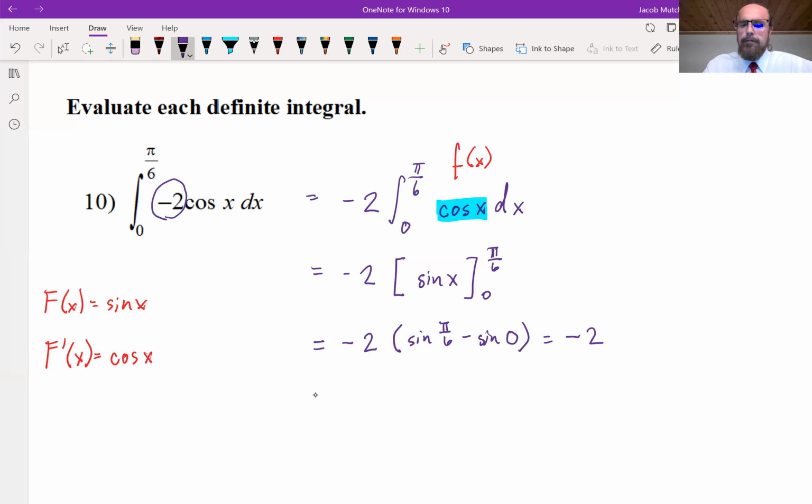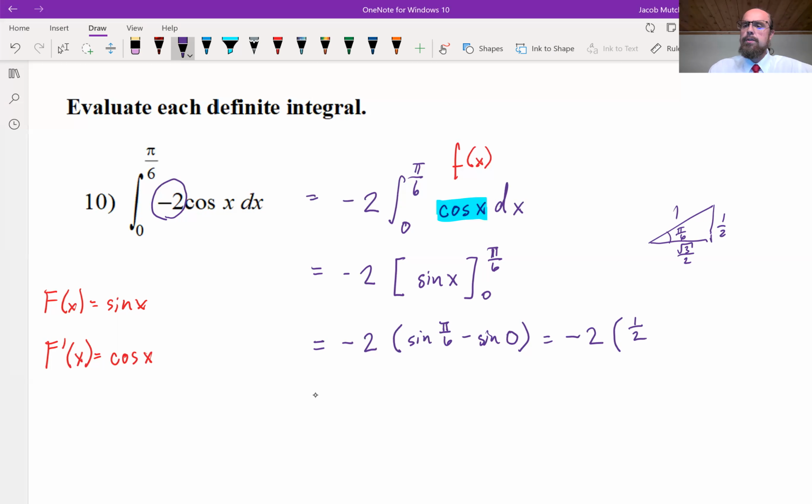And we can evaluate these two trig values. Sine of pi over 6. Recall pi over 6 is equivalent to 30 degrees. So that has the value of square root of 3 over 2 and 1 over 2, radius of 1. So that's going to have the value of half.